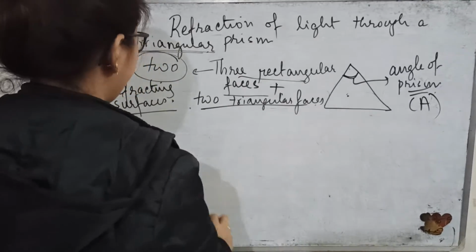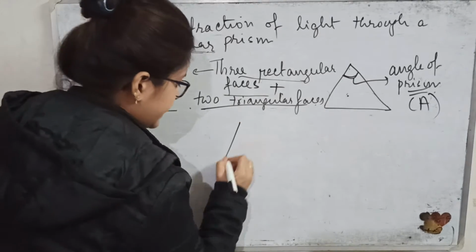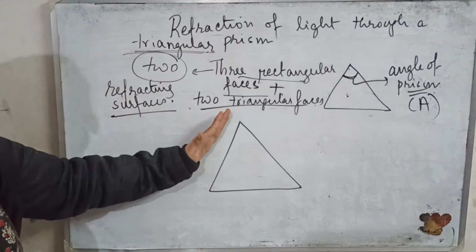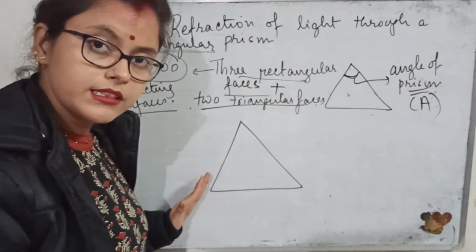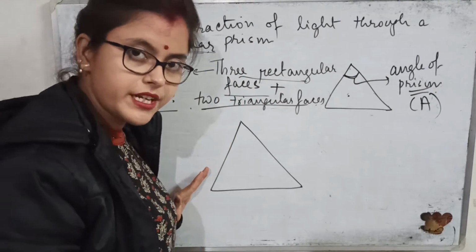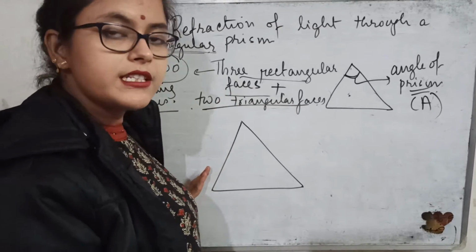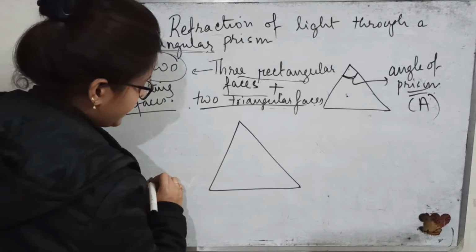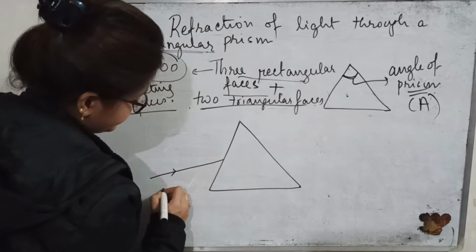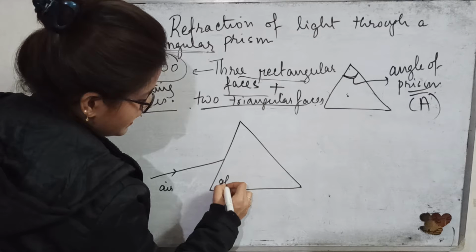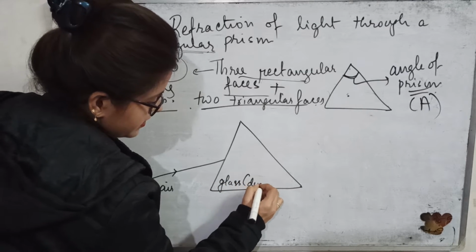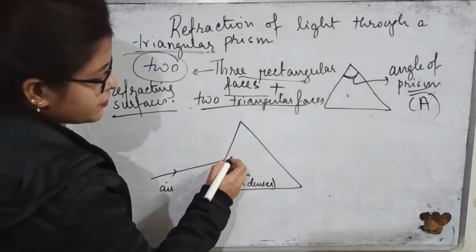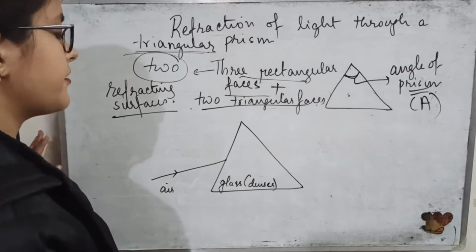So if we take a prism and just draw its triangular face, this side of the rectangular face acts as the refracting surface. So let us consider a light ray traveling through air. This is glass, which is denser. A light ray traveling through air strikes the separating surface.